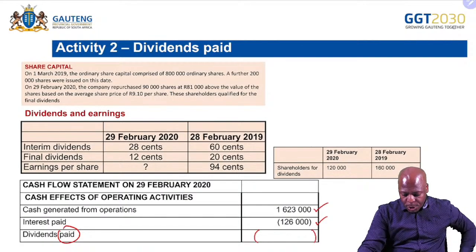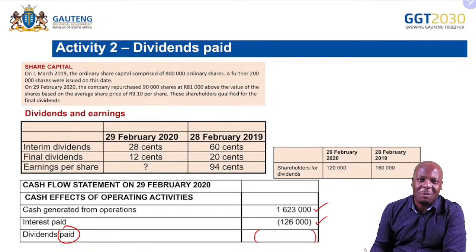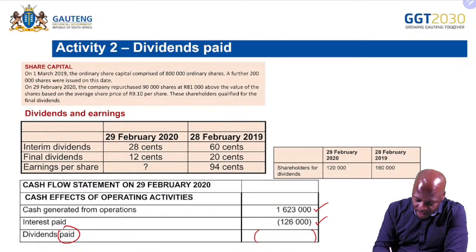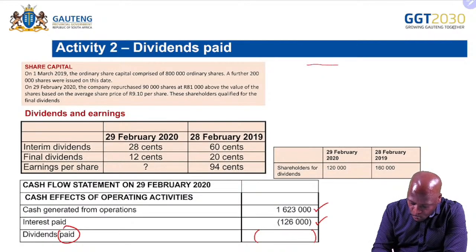Now, I want to open a quick T account, and I want you to come with me as I open this quick T account. I'm going to open an account which I'm going to call my dividends account.